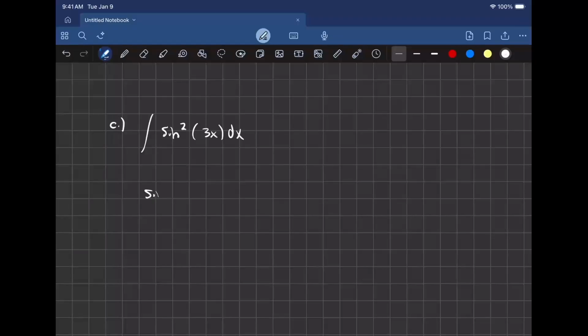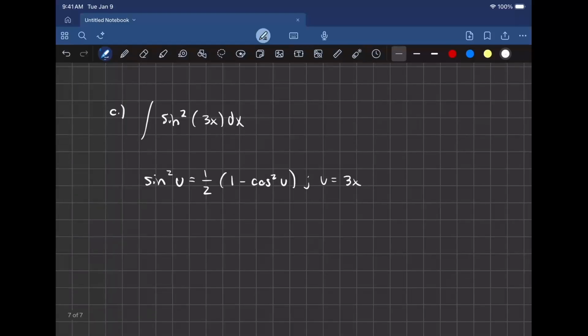So let's just recall that sine squared of u is just 1/2 times 1 minus cosine squared of u. And in this case, our u would be 3x. So what do we have?